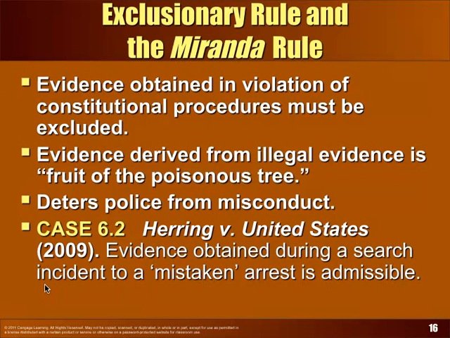It just means you have to prove the case without the evidence if somebody successfully argues that the evidence is suppressed. You beat a confession out of somebody. You search someplace you're not supposed to without a warrant. They often call it the fruit of the poisonous tree. If you did something illegal, then you shouldn't be able to use the fruits of that illegal search.